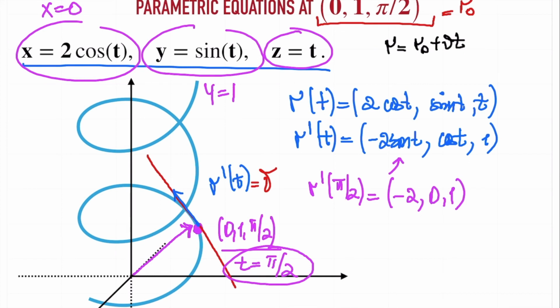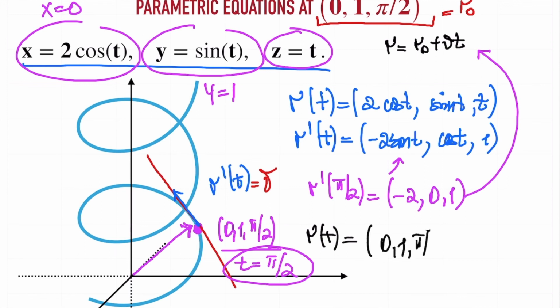Now I'm ready to substitute this into this equation and calculate the vector equation of the tangent line. So r of t is going to be r0, which is (0, 1, pi over 2), plus (minus 2, 0, 1) multiplied by t.